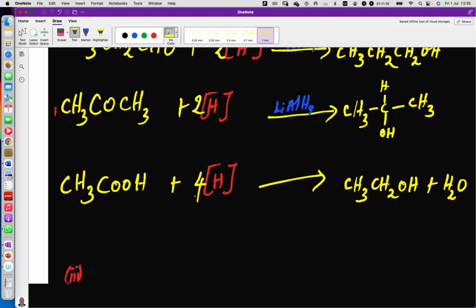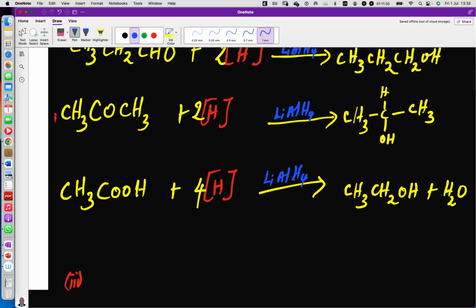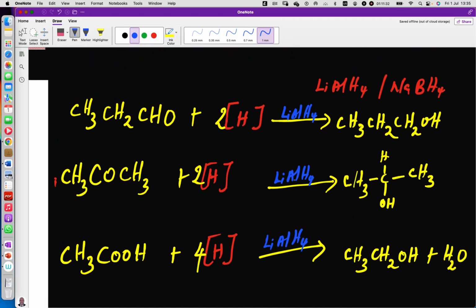Using the same condition, lithium tetrahydroaluminate, we can reduce aldehydes to primary alcohol, we can reduce ketone to secondary alcohol, and we can reduce carboxylic acids back to the corresponding primary alcohols.